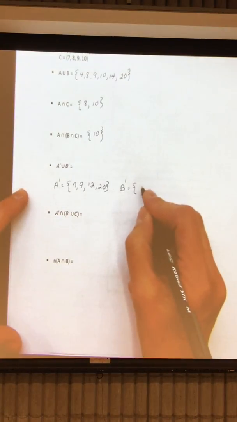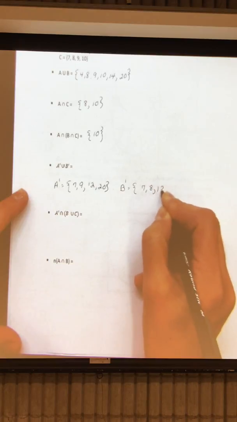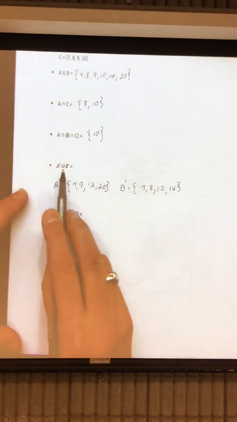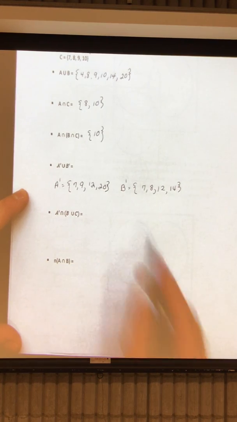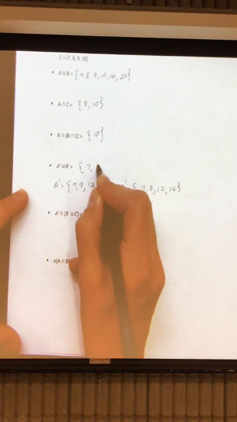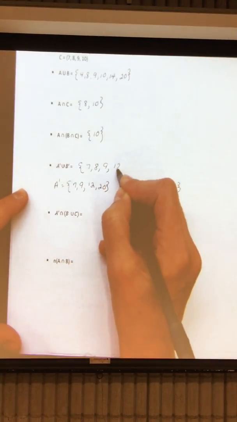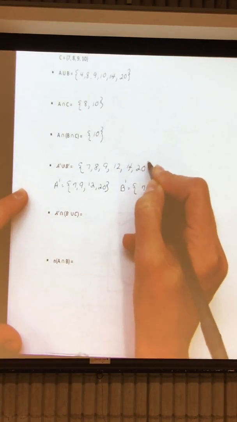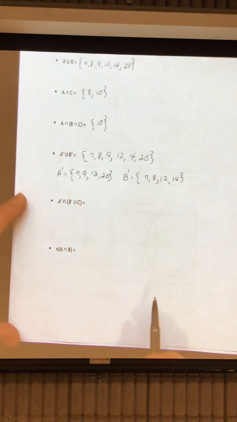So the elements that are not in B are 7, 8, 12, and 14. So A complement union B complement are all those elements: 7, 8, 9, 12, 14, and 20.